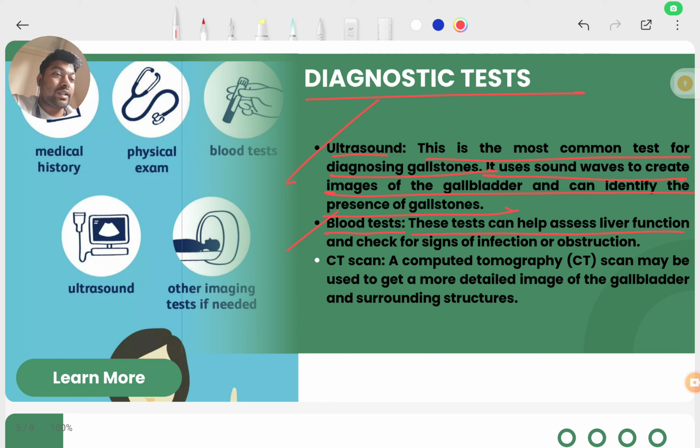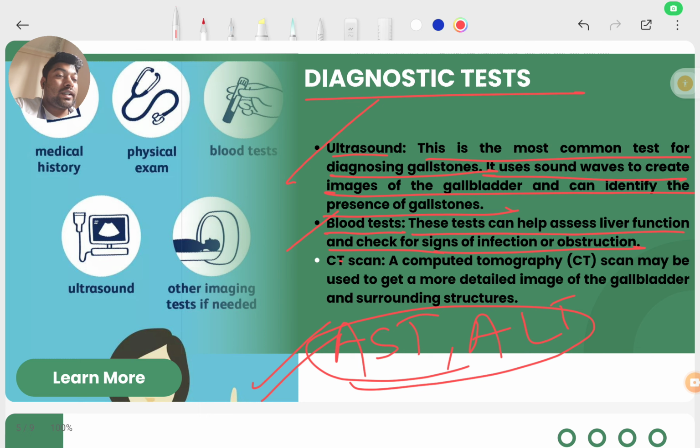These tests can help assess liver function, and check for signs of infection and obstruction. Different tests can be done in the blood test, like AST and ALT. We can see their elevations, and infections are also seen.